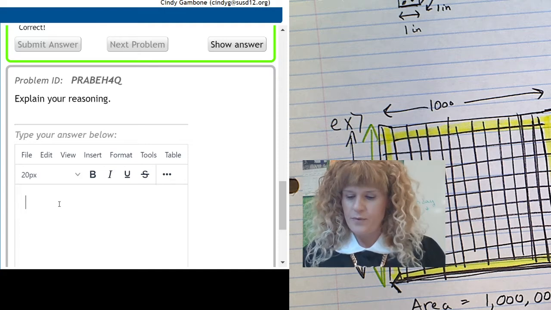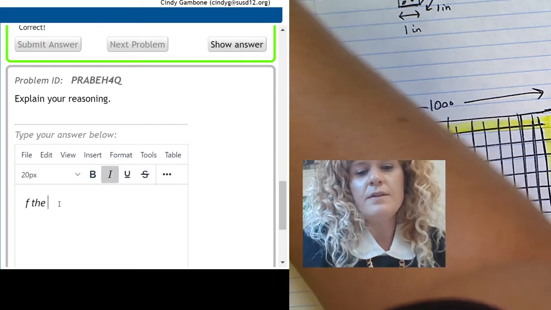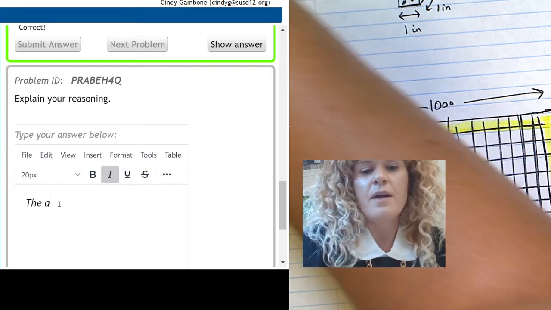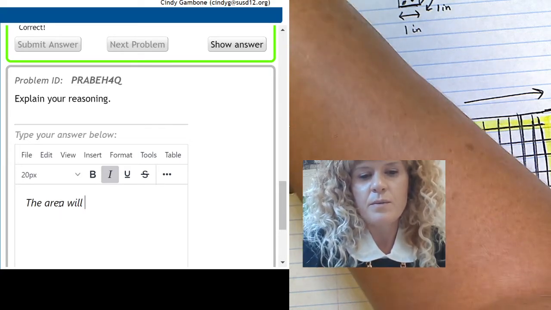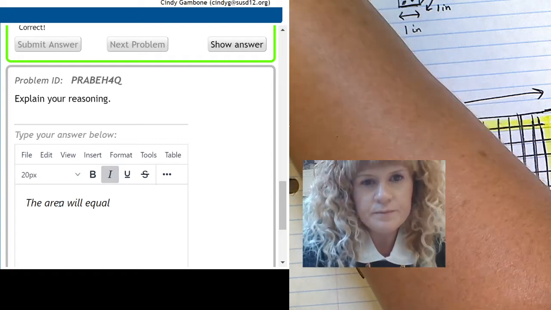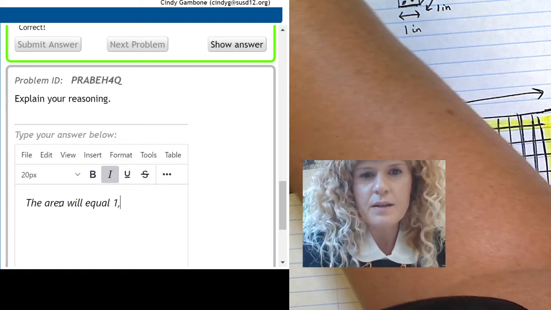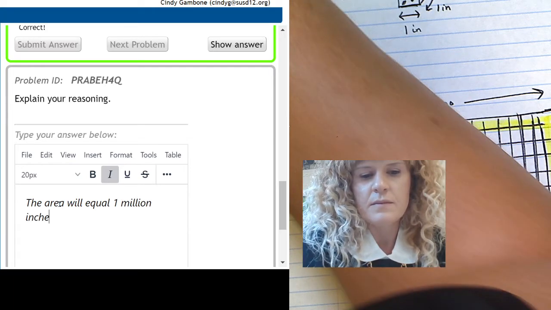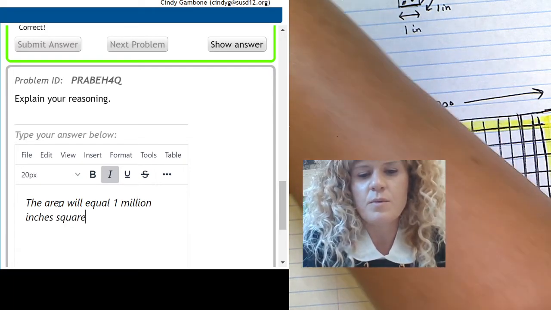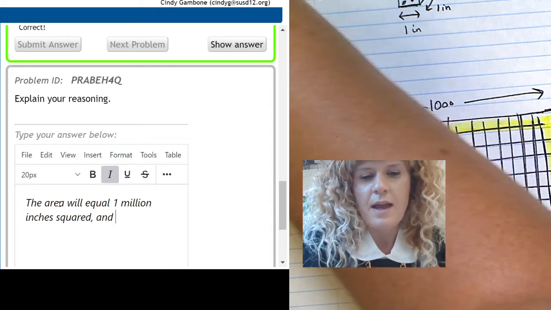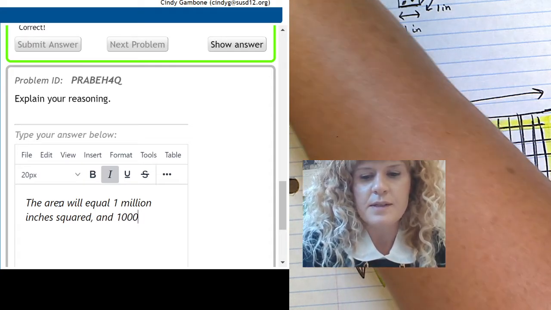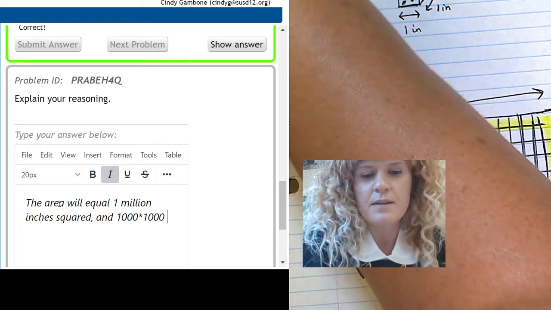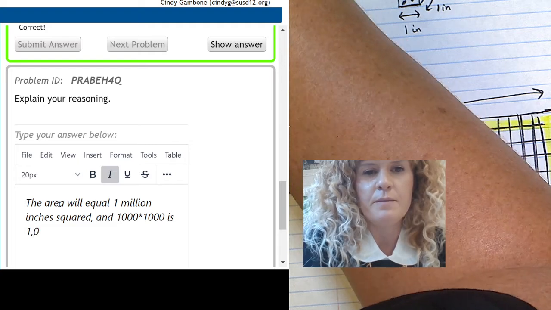Okay, so I'm going to say the area will equal 1 million inches squared, and 1,000 times 1,000 is 1 million.